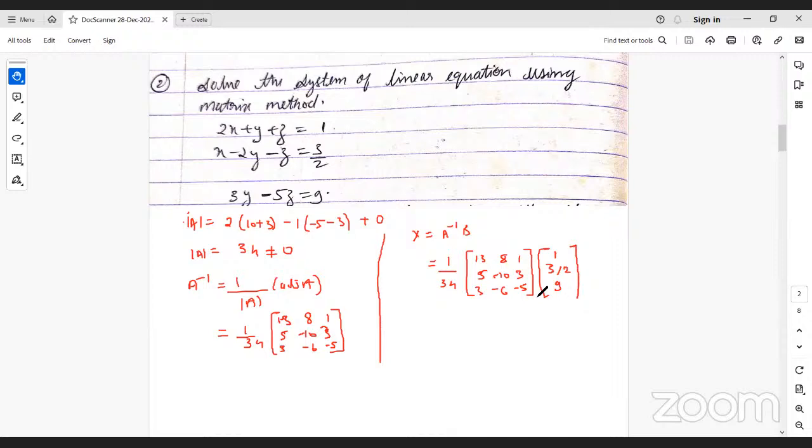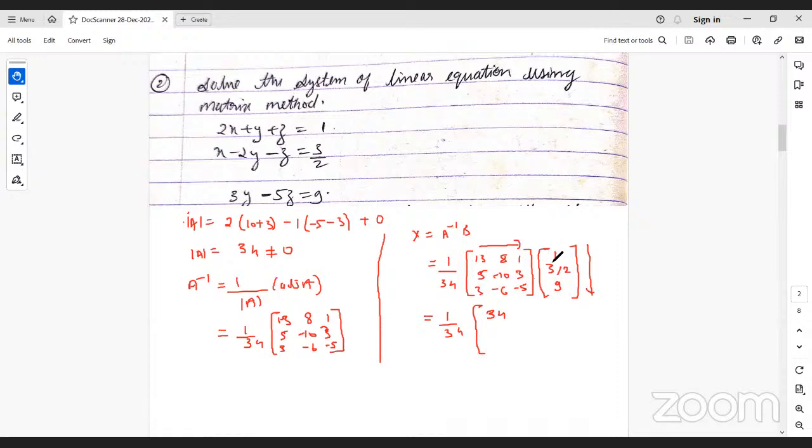So on simplifying this further, first you keep 1 by 34 as it is, and multiply this. When you multiply the first row with the first column, 13 into 1 it will be 13, and 8 into 3 by 2, it will be 12, and 9 into 1 it is 9. So when you add all these terms, you will get the answer as 34.